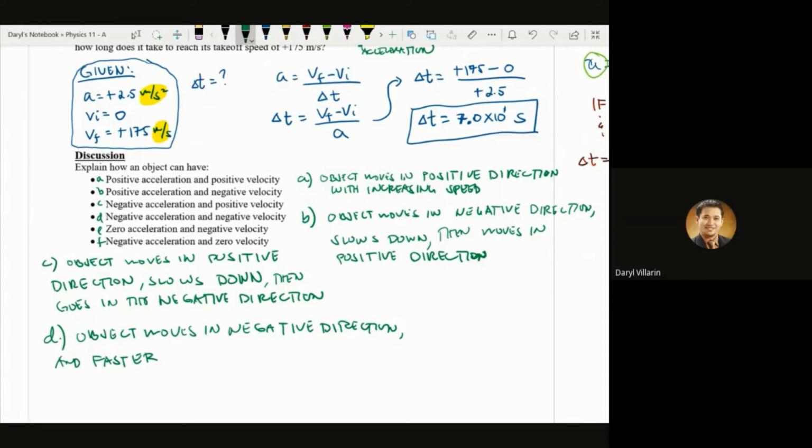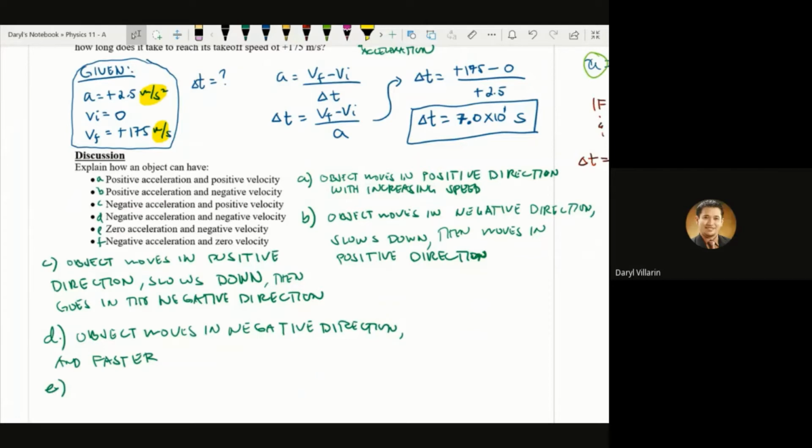So essentially, it moves in the negative direction, but it moves faster because the value of that increases, okay?